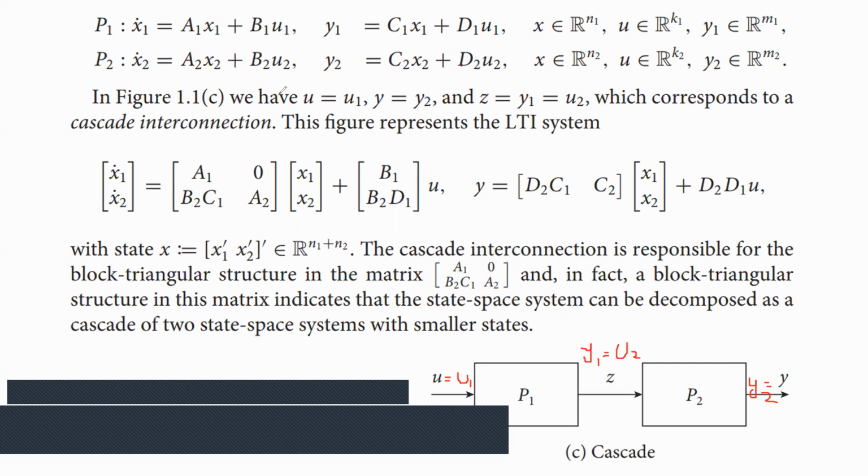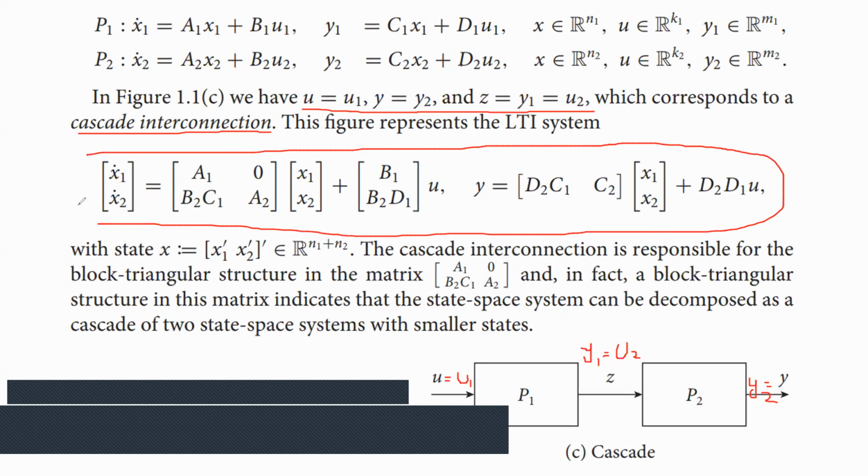So when we make these changes here, we have U is equal to U1, Y is equal to Y2, and similarly we can replace it, Z is equal to Y1 is equal to U2. Then we can also have a cascade interaction equation like this.